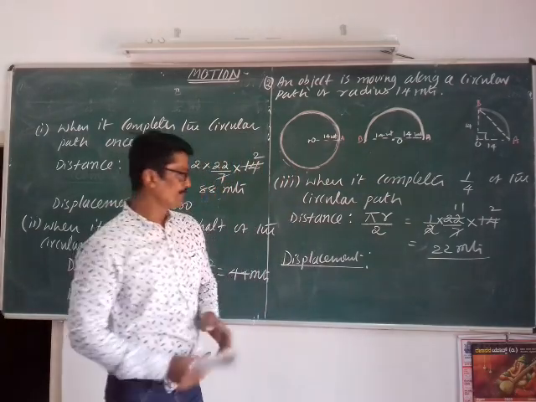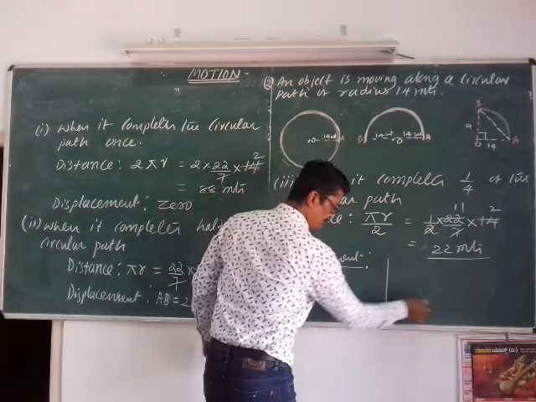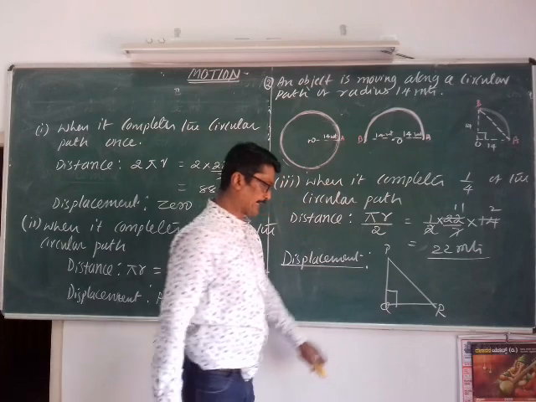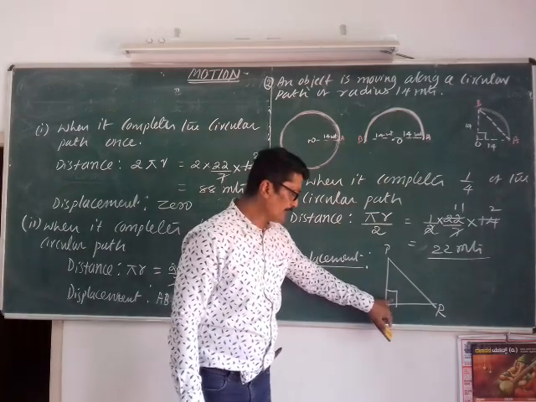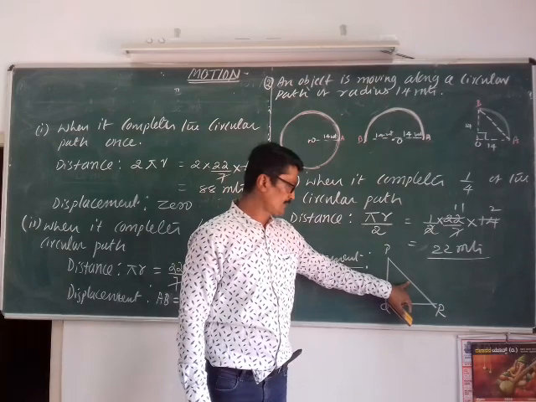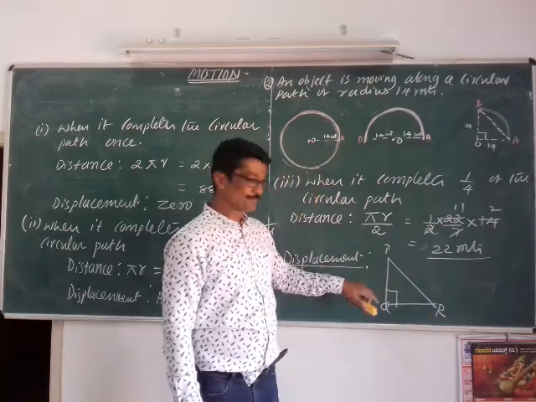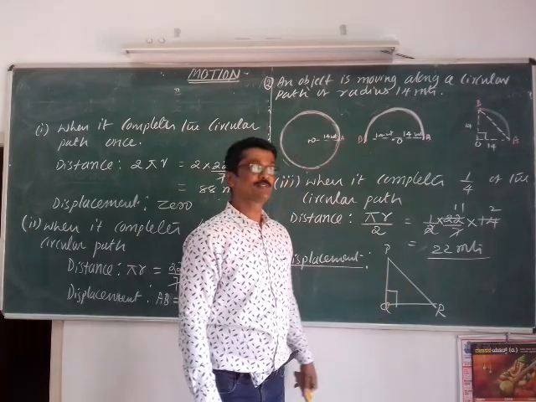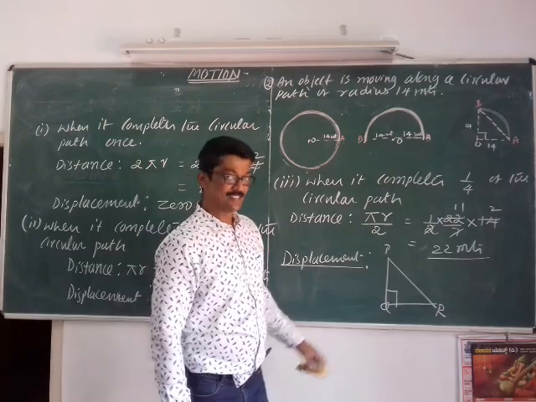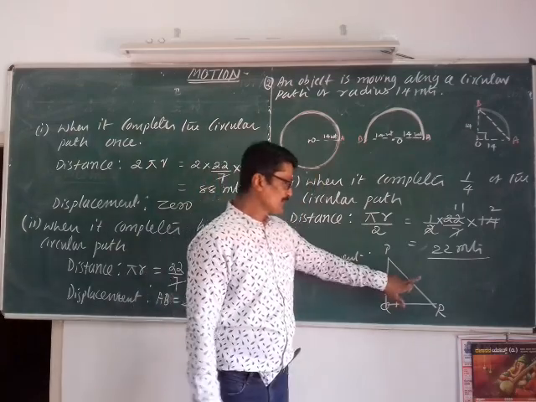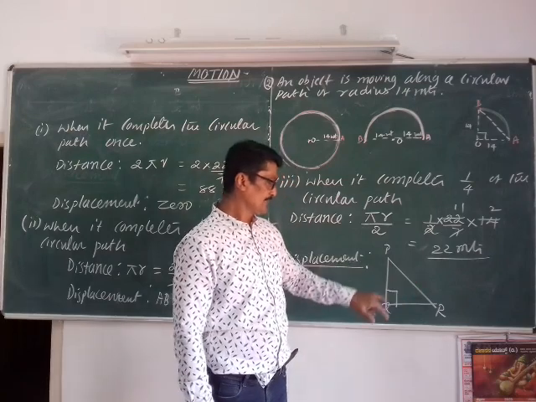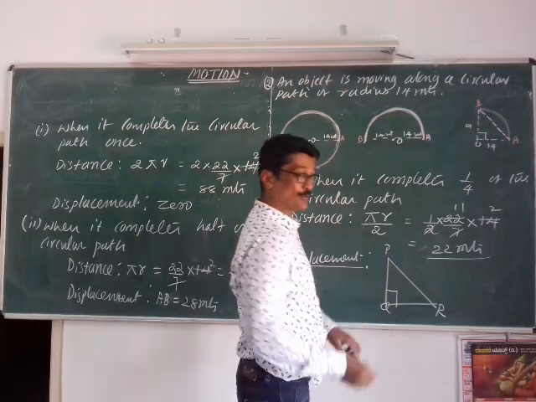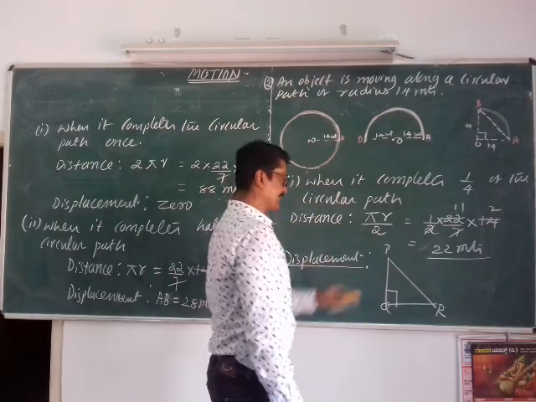Pythagoras theorem states, in a right angle triangle, right angled at Q, the side opposite to the right angle is the hypotenuse. The square of the hypotenuse is equal to the sum of the squares of the other two sides. So we have to make use of Pythagoras theorem.